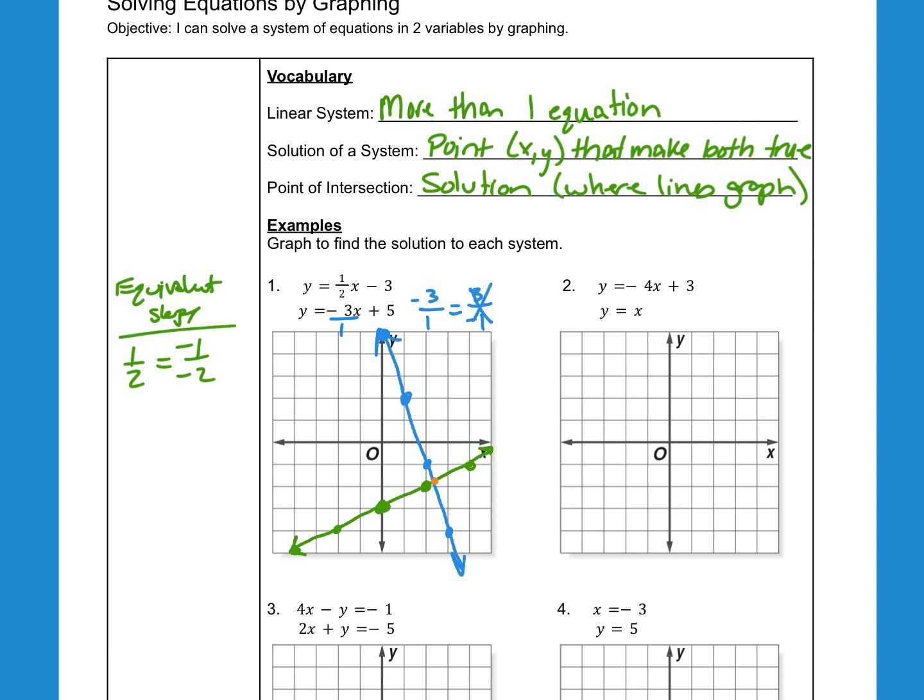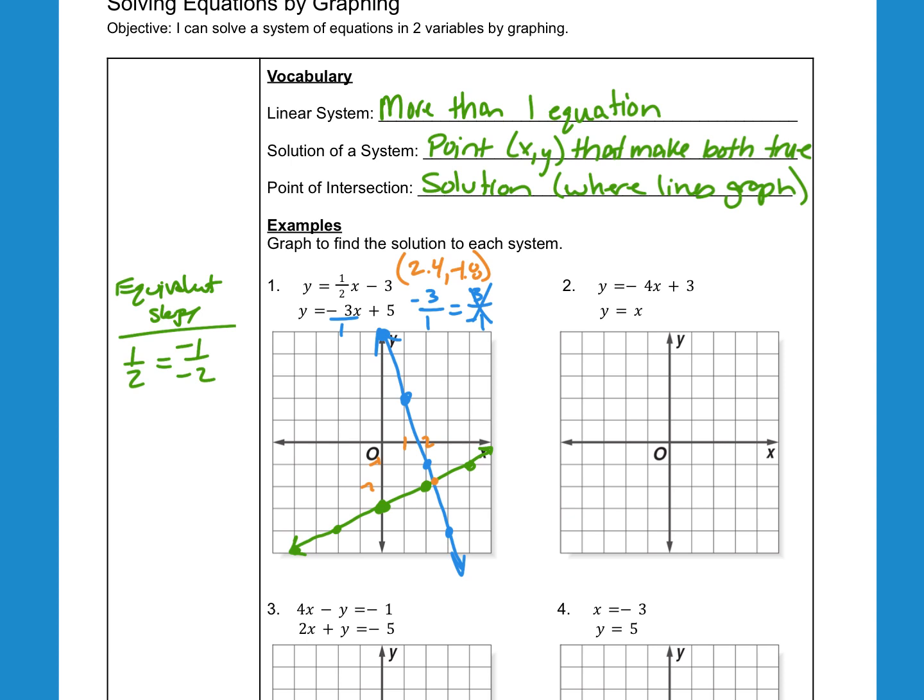So the solution to this system, we have to approximate. It looks like the x is a little over 2, so maybe 2.4, because it's not quite to half. And on the y, it looks like we're at -1, not quite to -2, so maybe -1.8. Anything close to that will be a good estimate of that solution.